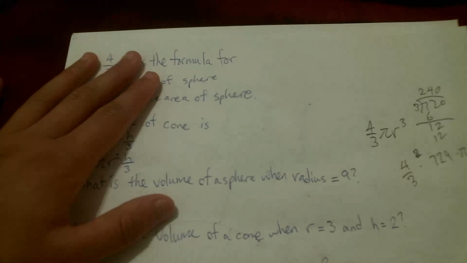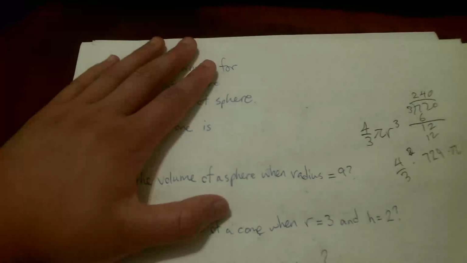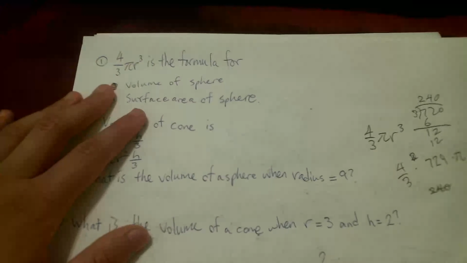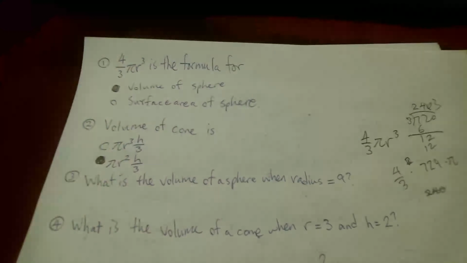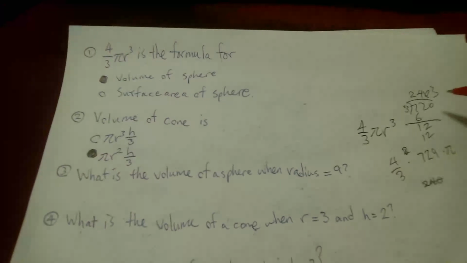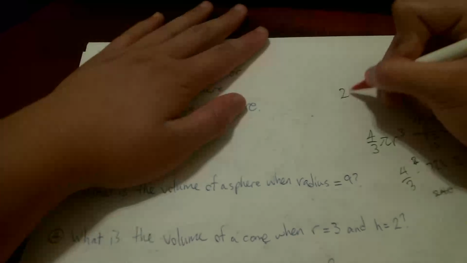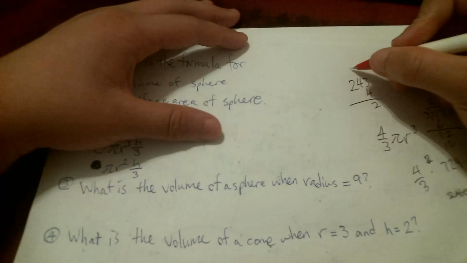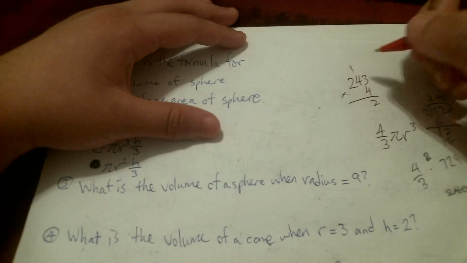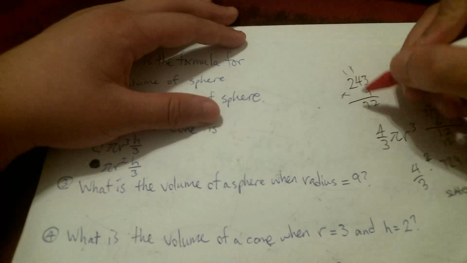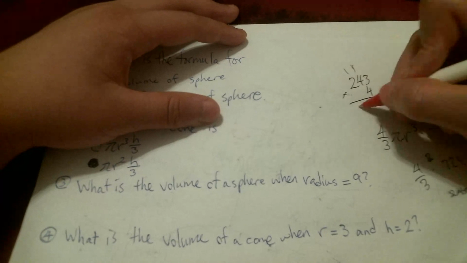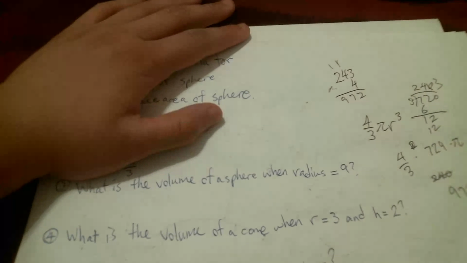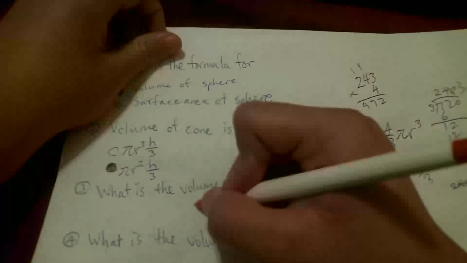Then we have 243 times 4. That's 12, carry the 1. Then 3 times 4 is 12, plus 1 is 13, and 4 times 2 equals 8, so 972. 972 pi, so that would be our final answer for the third one: 972 pi.